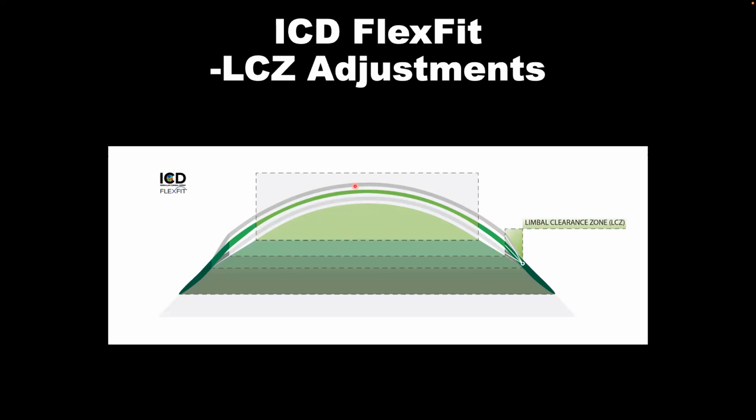And when the lens settles, it will drop down around 100 to 150 microns during the day. So having 400 microns and dropping 150, we'll have 250 microns of central clearance, that's perfectly fine for me.